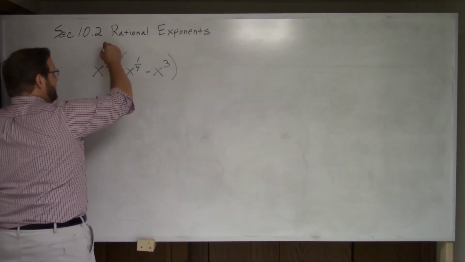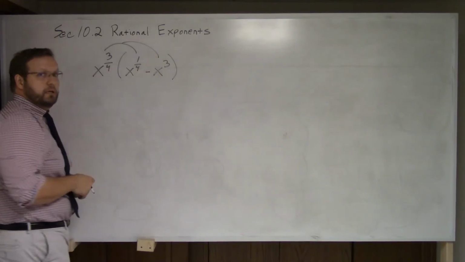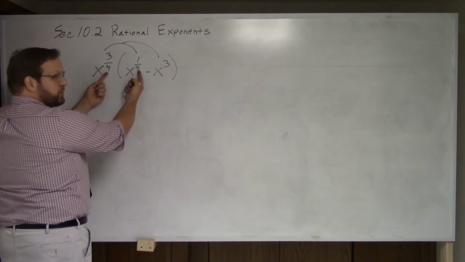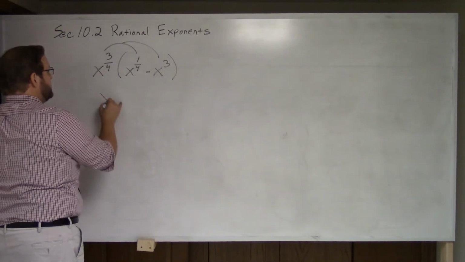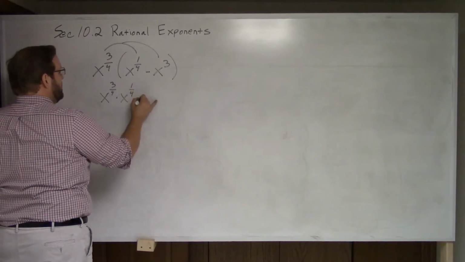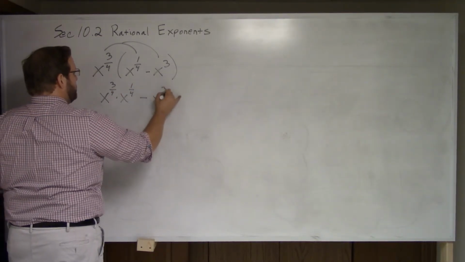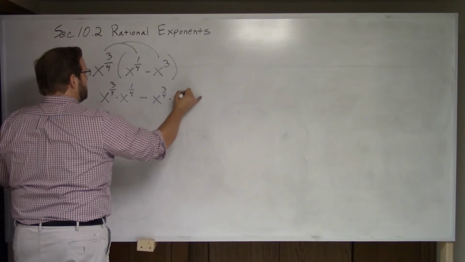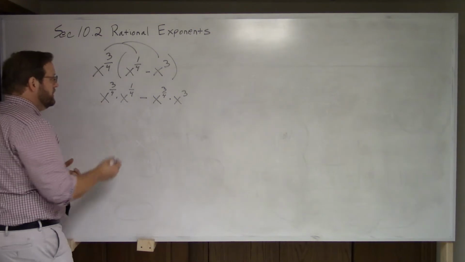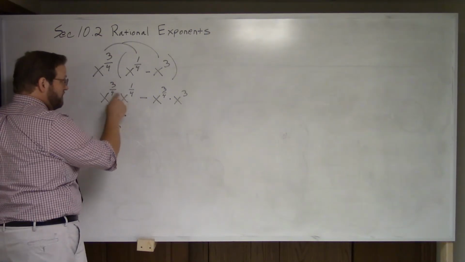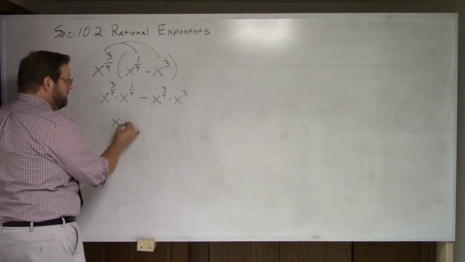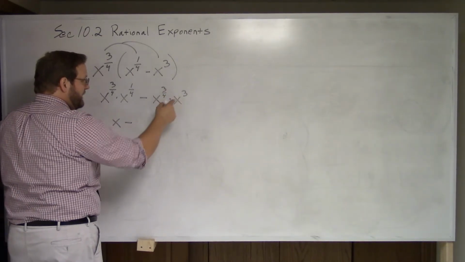So we're multiplying this by that and that. But remember, when we multiply those like bases, we add the exponents. So the first thing we have is x to the 3/4 times x to the 1/4 minus x to the 3/4 times x cubed. Okay, again, add the exponents. So what we have is x to the 4/4, or just x to the first, or just x, minus, and then here we add up.